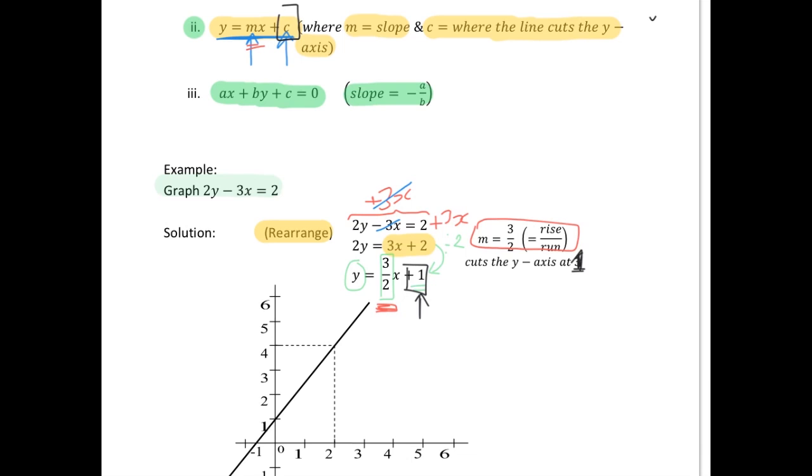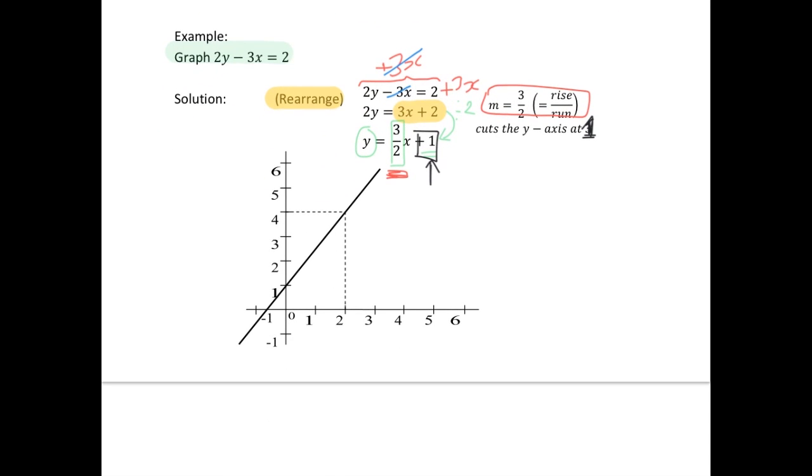So then if we just draw an x-axis and a y-axis, we already know one point is 0, 1, this point here. Then we know our rise is 3, so we go up 1, 2, 3, up to this point here. And then our run is 2, so we go across 1, 2, and we find another point on our line.